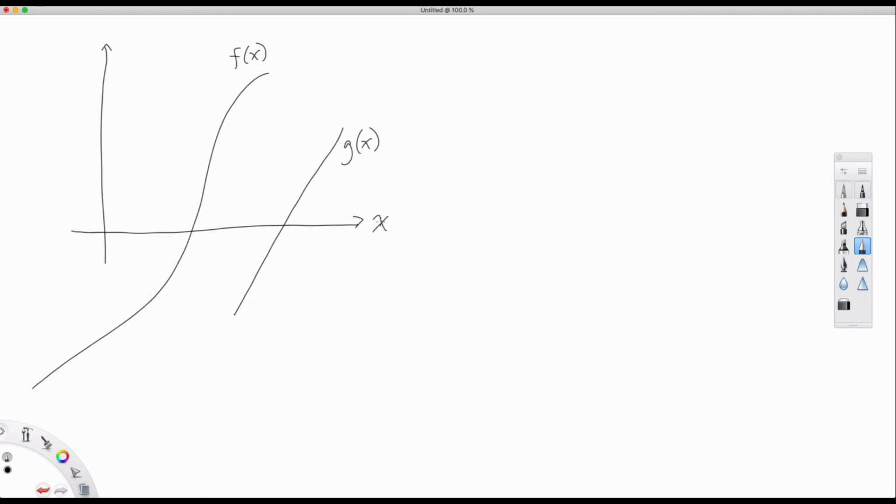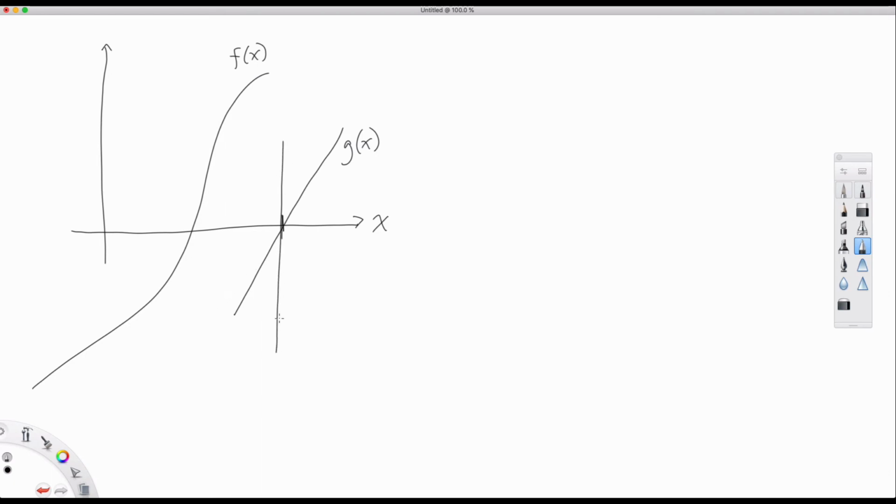Here is a slightly different example. In this case, f of x is a nonlinear function, but it is monotonically increasing. At least that's what I intended when I sketched it. And g of x is a linear function that is monotonically increasing. If we look at g of x, it crosses 0 right there, and to the left, g is negative, so that's feasible.